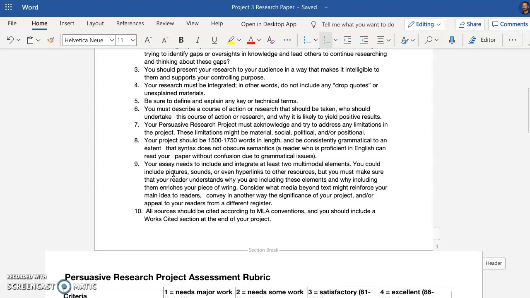And you guys have done a real good job on this so far, so I'm not concerned about that. And all sources need to be cited, okay? MLA conventions, and that means in-text citations with page numbers or the last name of the author or the name of the organization, and then a works cited page that has the more detailed information.